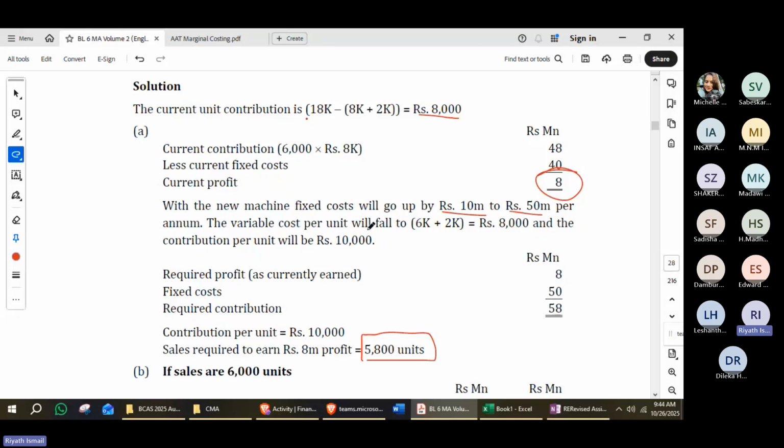The variable cost per unit will fall to 8,000, and the contribution per unit will be 10,000. So required profit 8,000, fixed cost 50, and the required contribution is 58. The contribution per unit is 10,000 new contribution. So therefore, when they divide this 58 million by 10,000, they will get 5.8 thousand units.